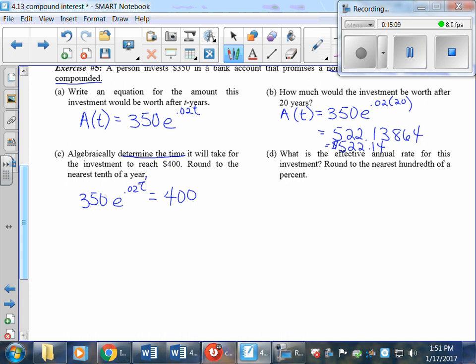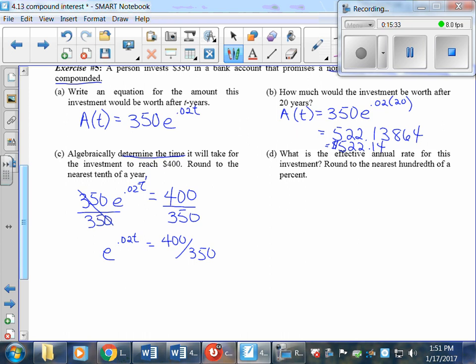We need to isolate our base, which is e, so we're going to divide both sides by 350, and e to the 0.02t is equal to 400 divided by 350. Again, you could reduce it, but really there's no reason to.